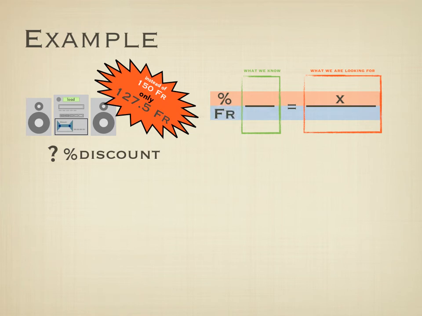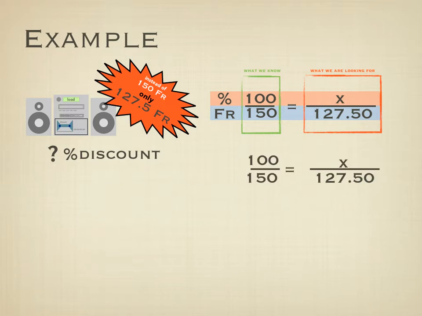Since we're looking for a discount, we're looking for a percentage. So we put percent as the numerator and francs as the denominator. We know that 100% are 150 francs, and we want to find out how many percent 127.50 francs are.